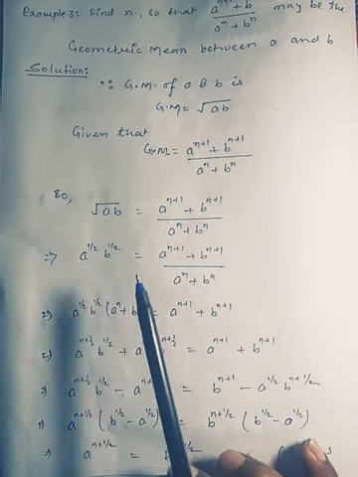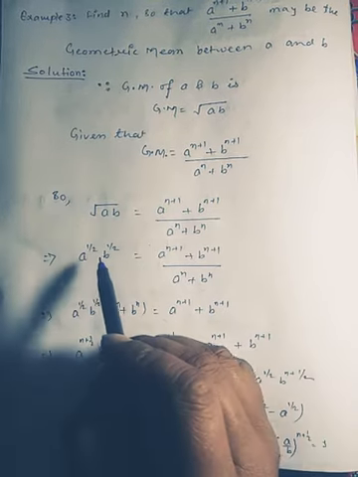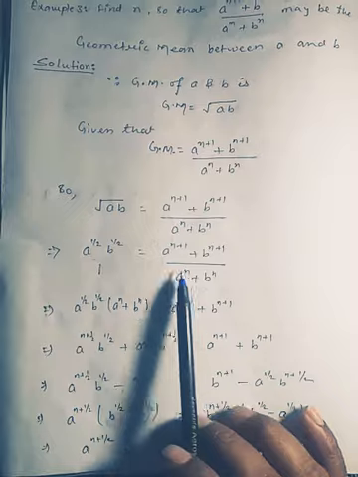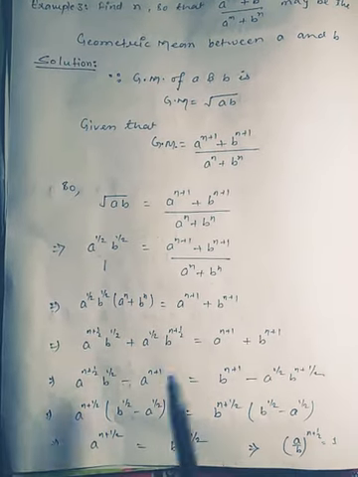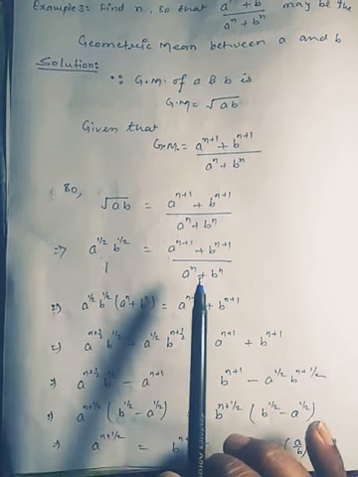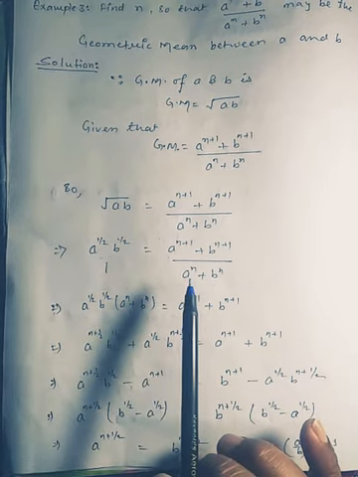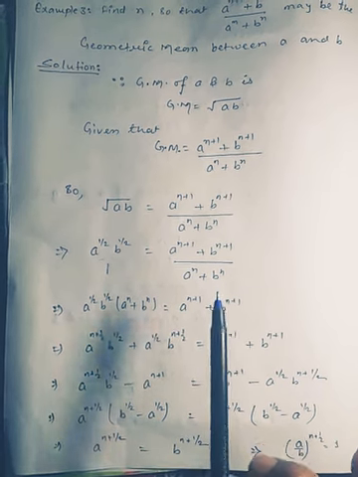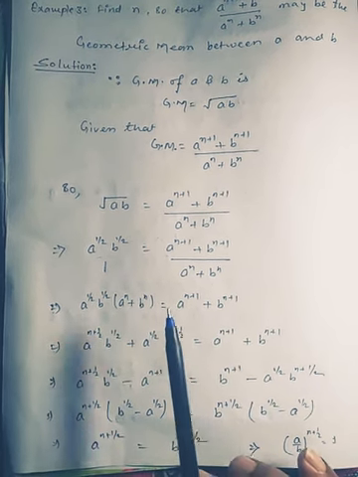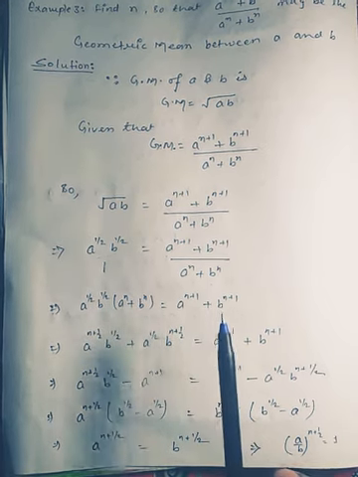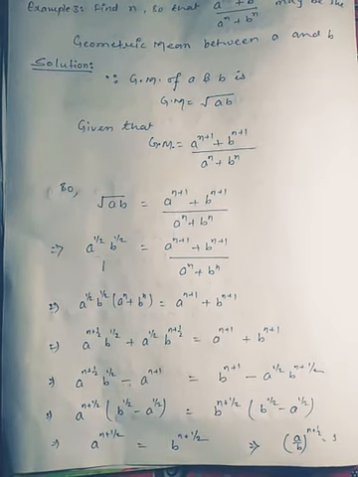After cross multiplying, we get a^(1/2) b^(1/2) into (a^n + b^n) is equal to a^(n+1) + b^(n+1).